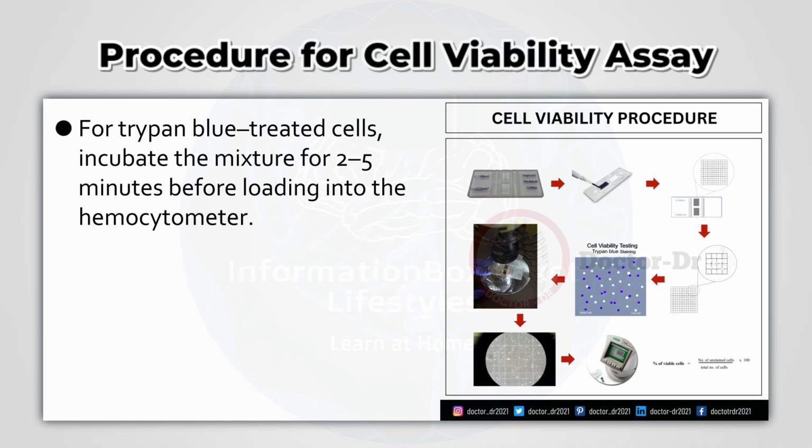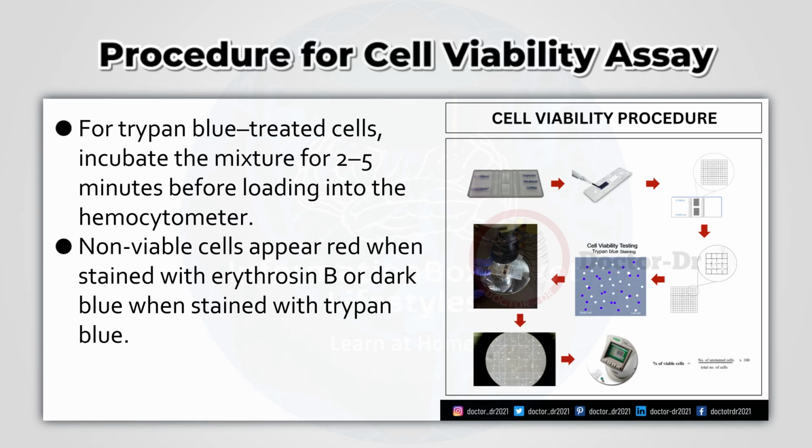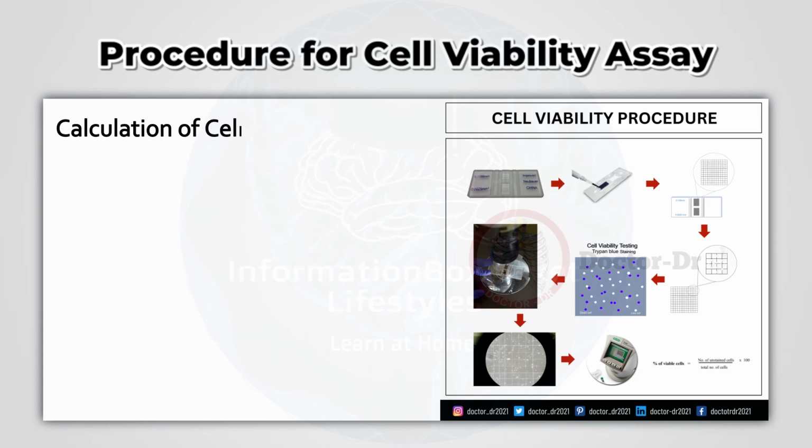For trypan blue treated cells, incubate the mixture for 2 to 5 minutes before loading into the hemocytometer. Non-viable cells appear red when stained with erythrosin B or dark blue when stained with trypan blue. Viable cells remain unstained.